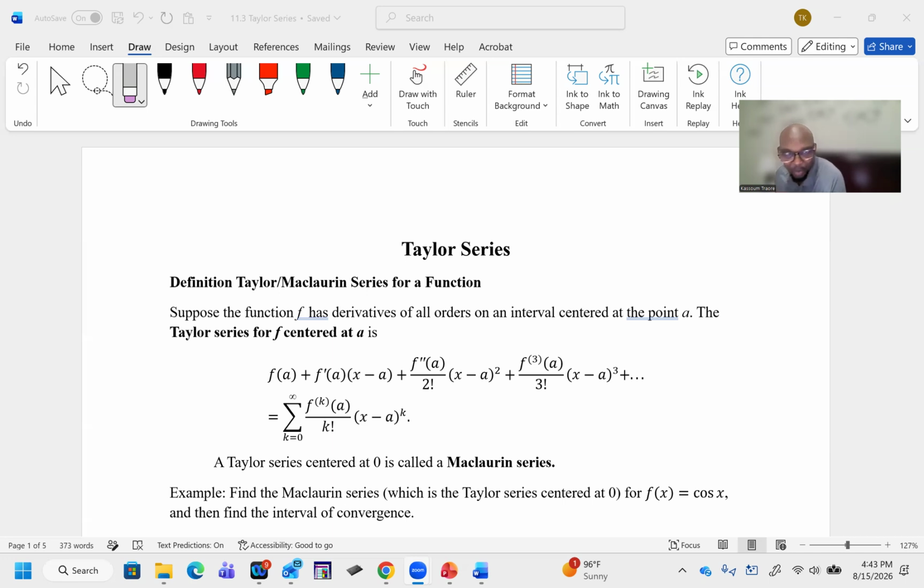So, definition: suppose the function f has derivatives of all orders on an interval centered at the point a.